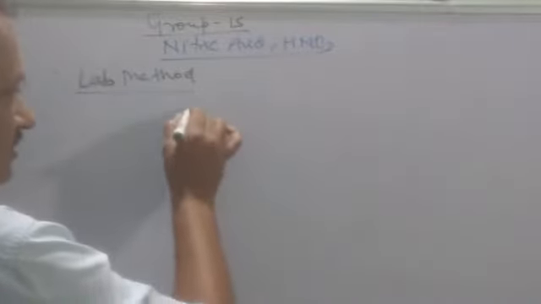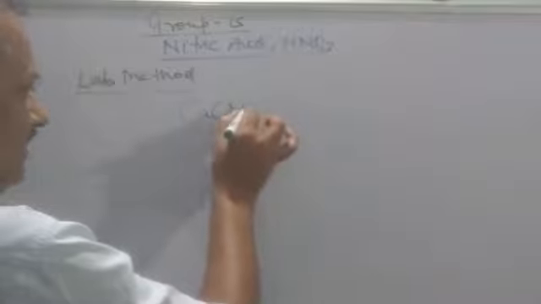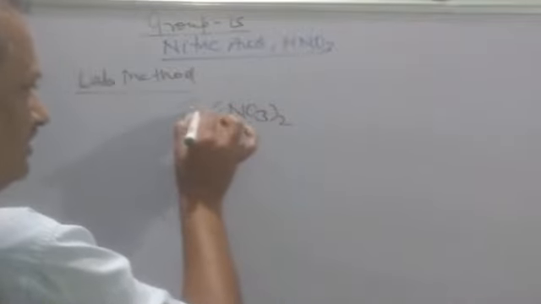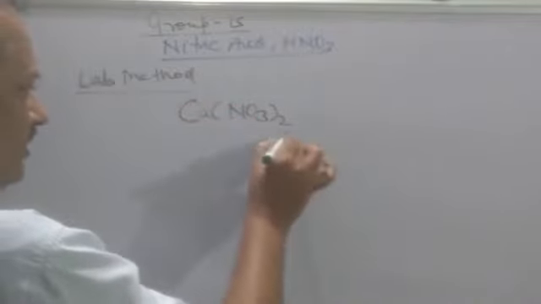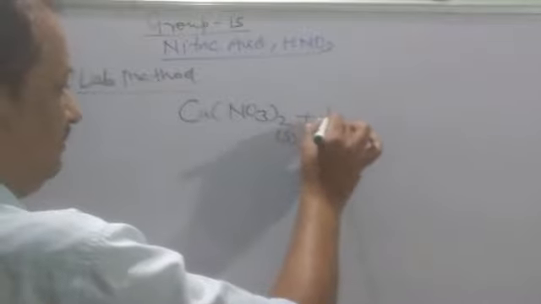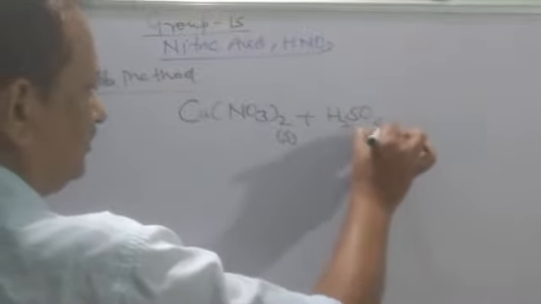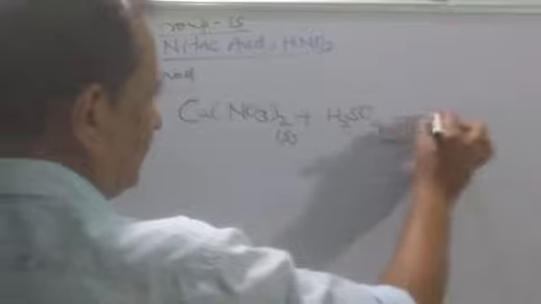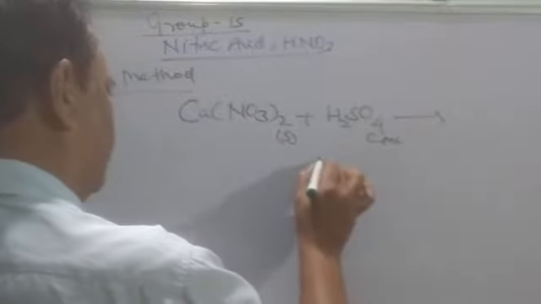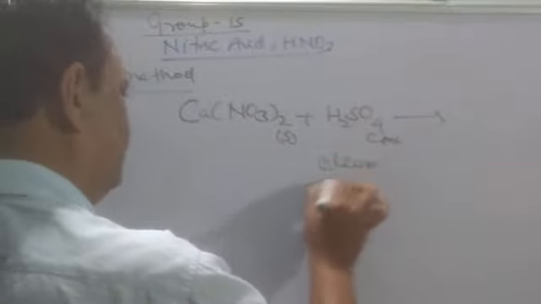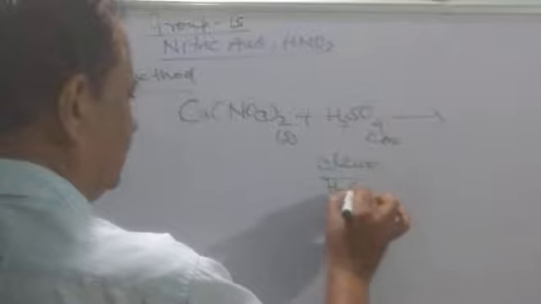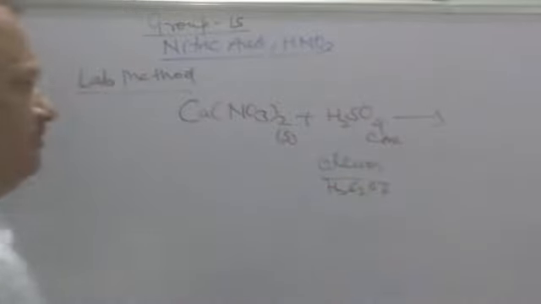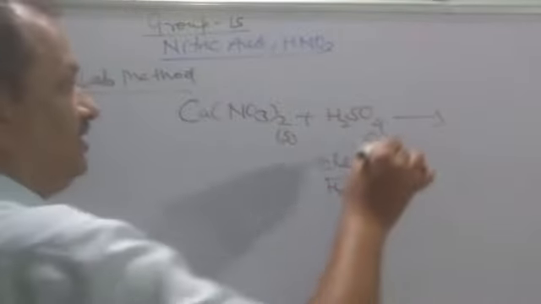It is prepared by the action of concentrated sulfuric acid on calcium nitrate, solid calcium nitrate treated with concentrated sulfuric acid, or you can say oleum, H2S2O7, and it is heated.